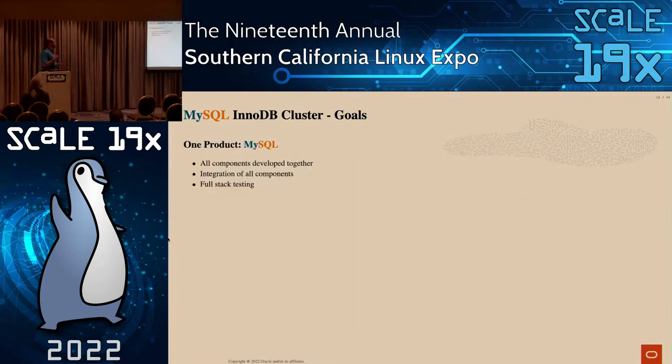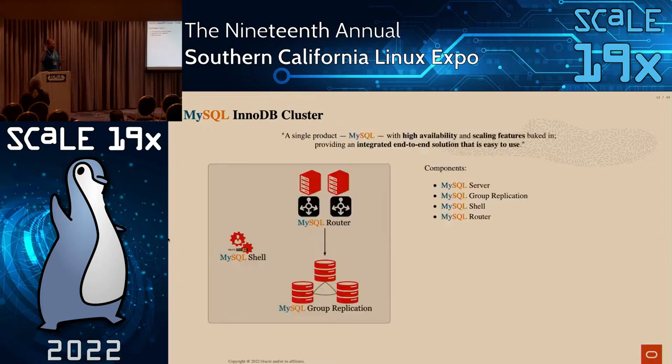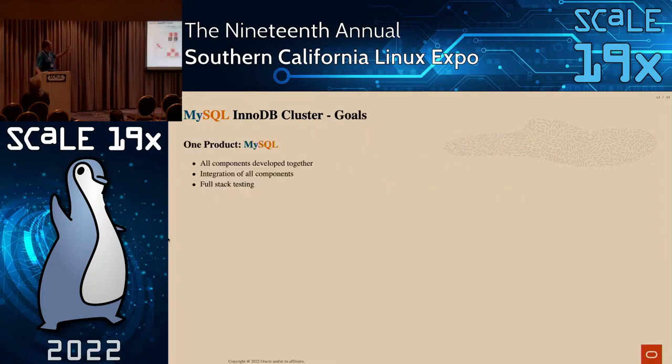Okay, so the goal of InnoDB Cluster is this: we have so many products in MySQL, and this is about bringing all those features together. InnoDB Cluster drives the features that we need, whether it is in the router, in the shell, or group replication. They all have to work well together. We integrate it all and test it all together.